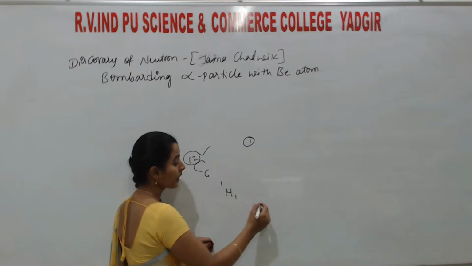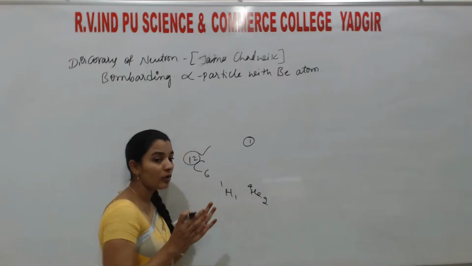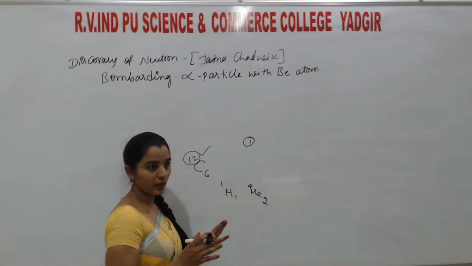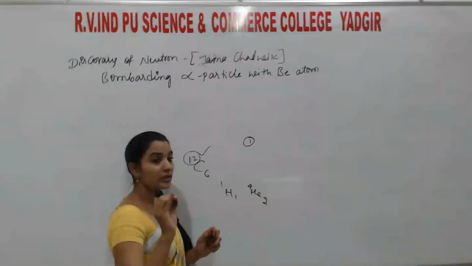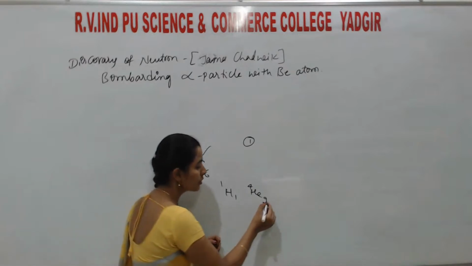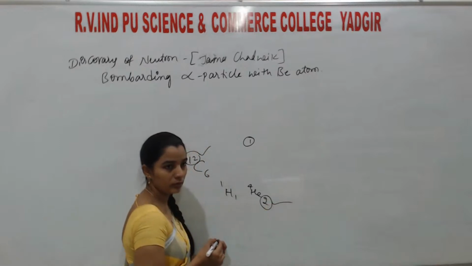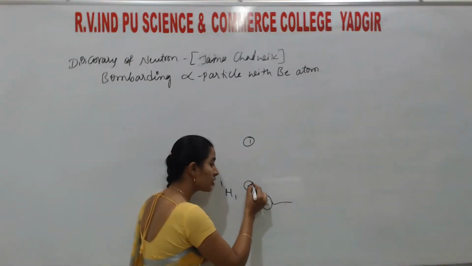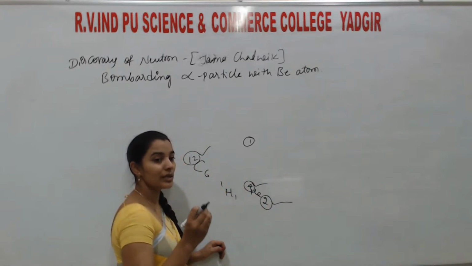If you take helium, 2, 4, and only protons are present, then proton is 2, so the atomic mass must be equal to 2. But here the atomic mass is equal to 4. As I told you, at that time the periodic table was already generated and prepared. What is the reason for the increase in the atomic mass?